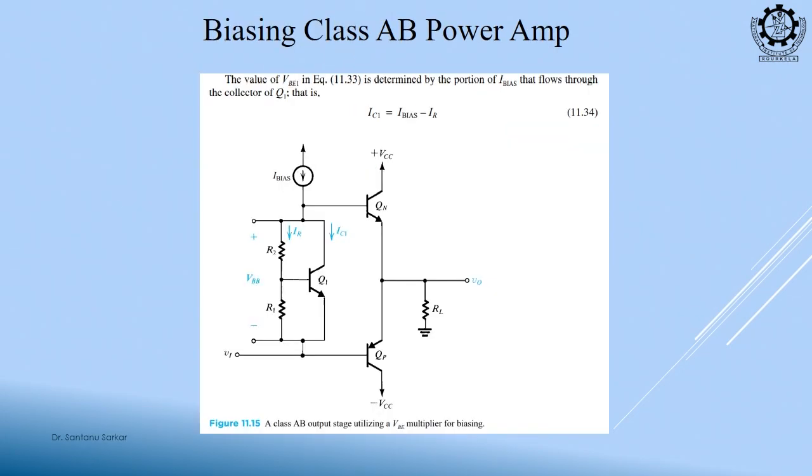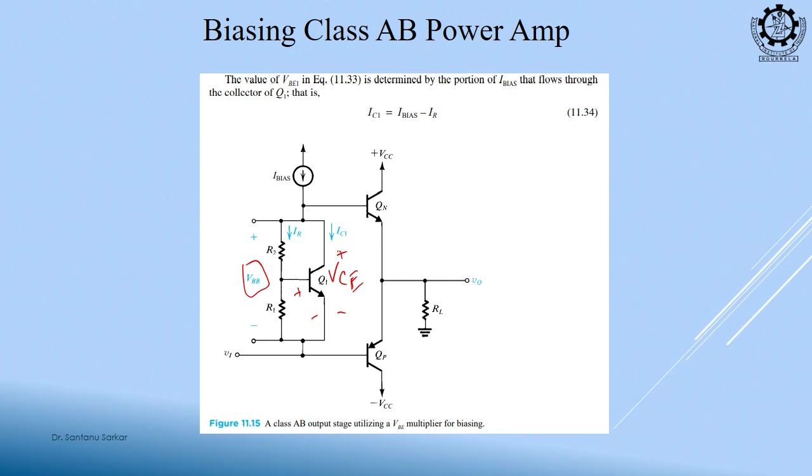Just like the previous circuit, this is another circuit where we have this base-to-emitter voltage, base-to-collector voltage and collector-to-emitter voltage, which provides this VBB. This VBB is provided by this potential divider as well as this emitter circuit. This ensures that a fixed potential is generated across this.